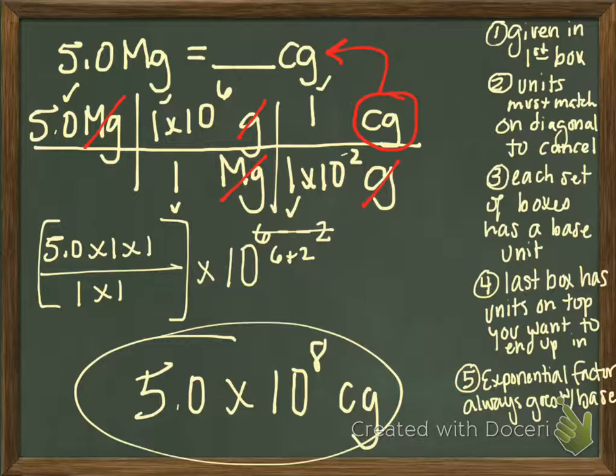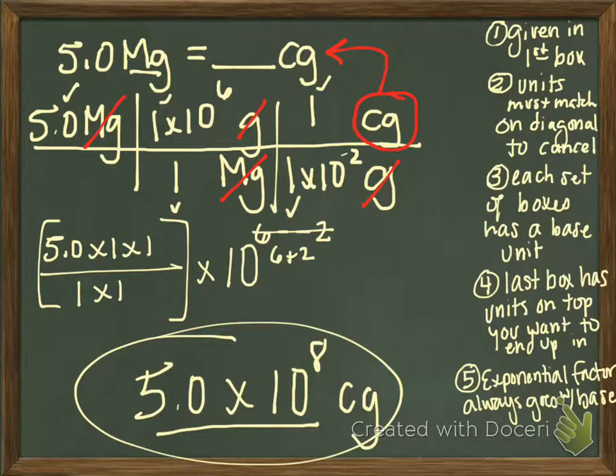Let's look at a couple of logic checks. Both problems that we've just done involved going from a very large unit, 1,000,000 grams, down to a very small unit, 1/100th of a gram. And in both cases, our answer was a very large number.